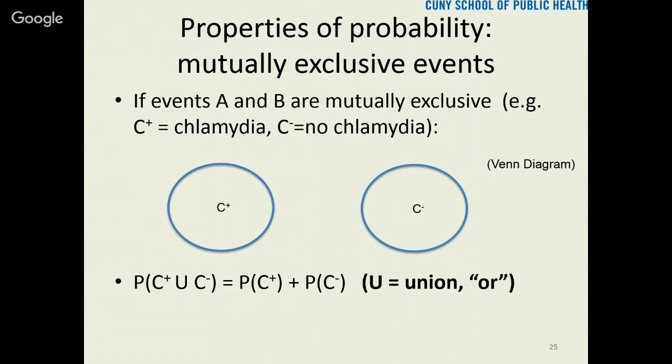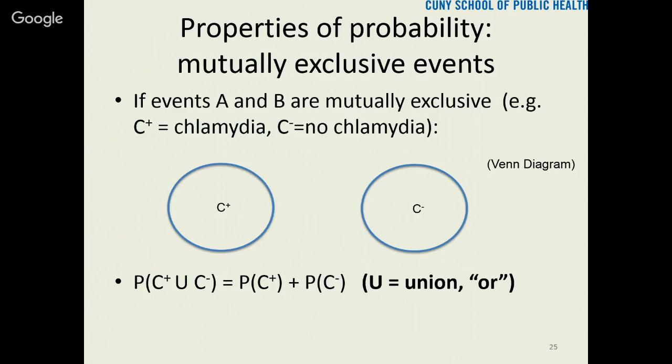So the question is, this is the probability of the union for mutually exclusive events. If they're not mutually exclusive, would it be more or less than this? It would be more likely, right?